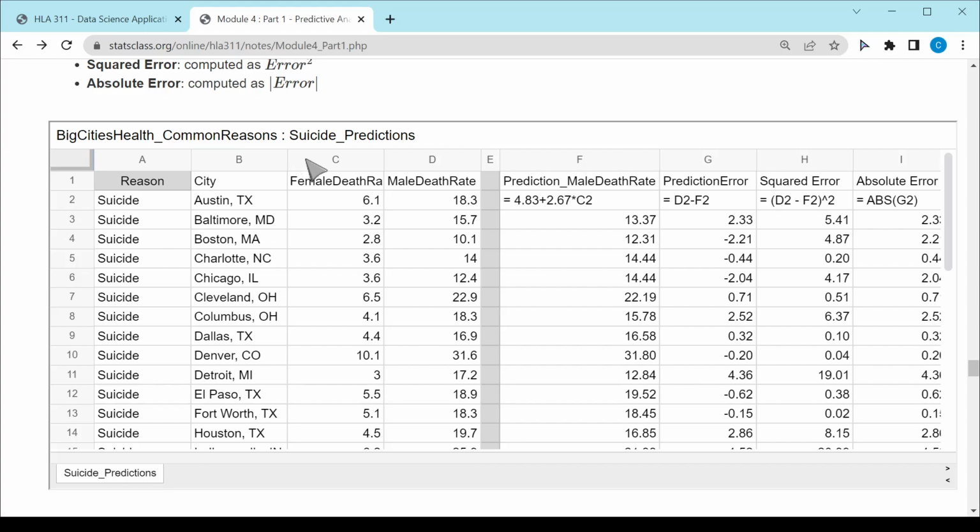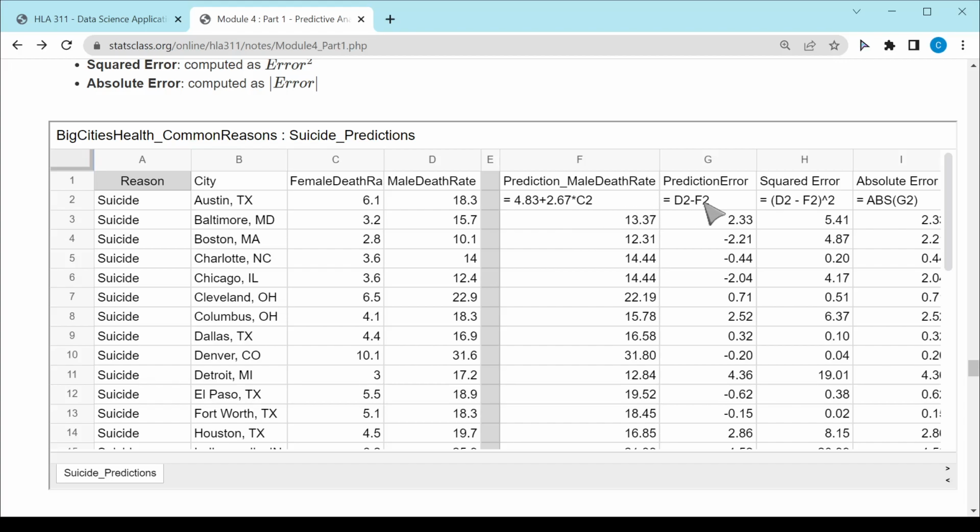Here is the female death rate. Here's the male death rate. That's the actual death rate here. I'm going to use my equation here to get a prediction for the male death rate. Again, I'm going to use 4.83 plus 2.67 times the female death rate, which is right here. That's just for Austin, Texas. I need to do that for all of the cities all the way down.